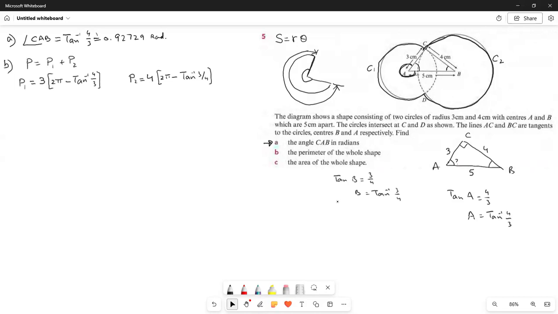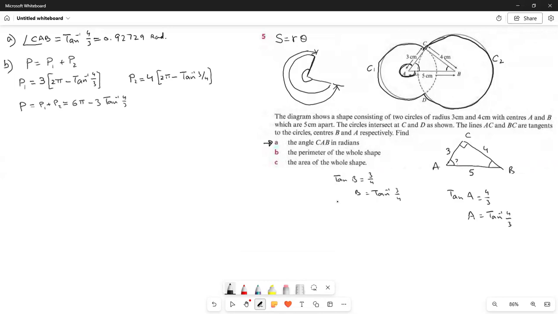Now the full perimeter of this shape is equal to P1 plus P2. So I need to add these two expressions. Sorry, this is not equal, and I need to erase this part as well. So this is equal to, now what is P1? It is 6 pi, I'm opening this bracket, minus 3 times tangent inverse 4 by 3.